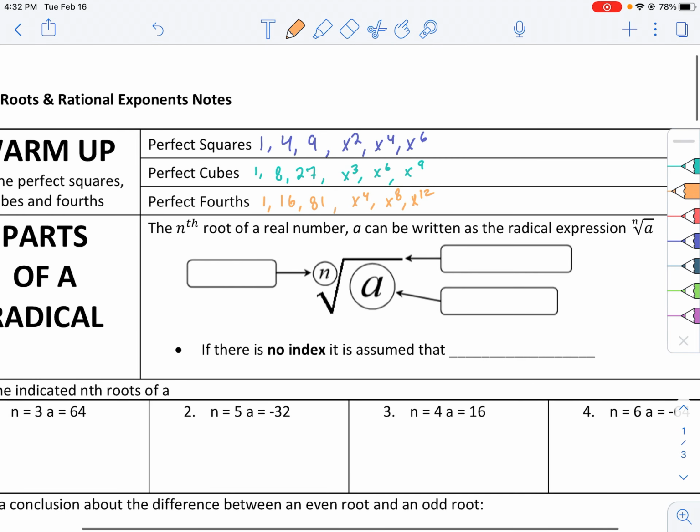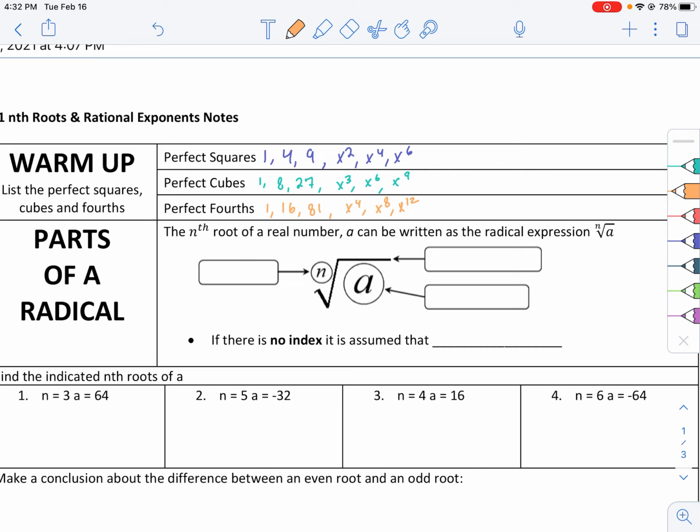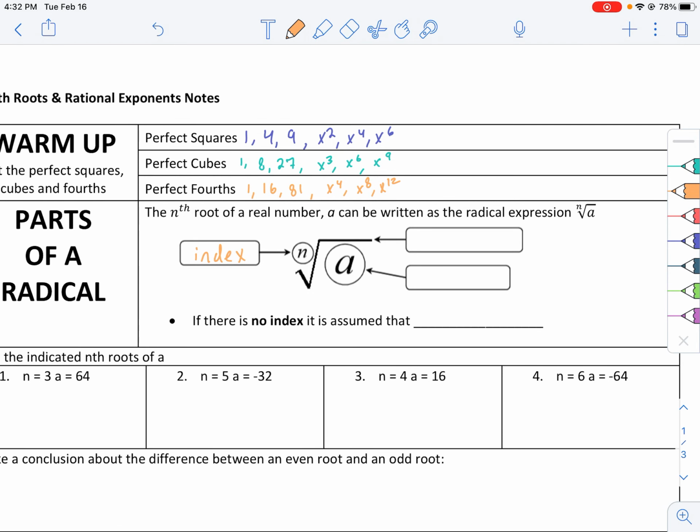So, a little bit about radicals, specifically radicals to the nth root. Notice the n right here. The n on the outside is called our index. That tells us what radical it is. That sign is the radical sign. We've seen that a lot.